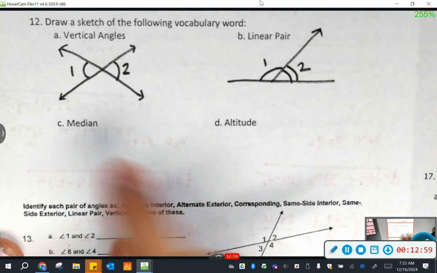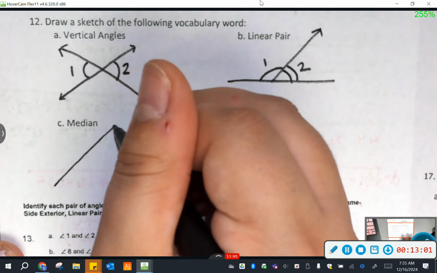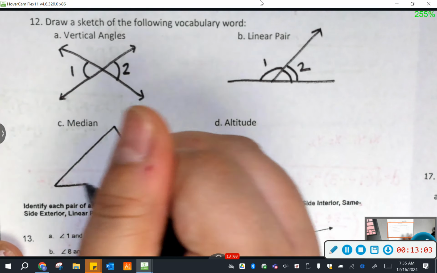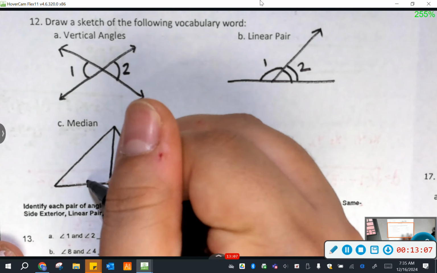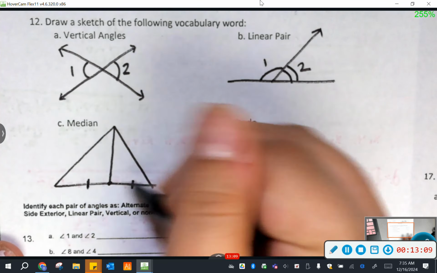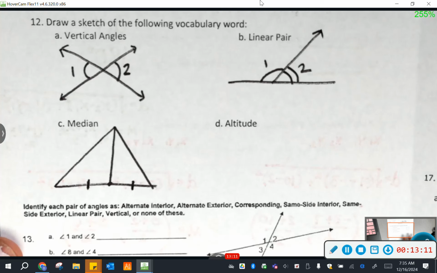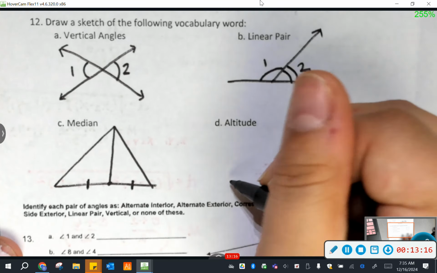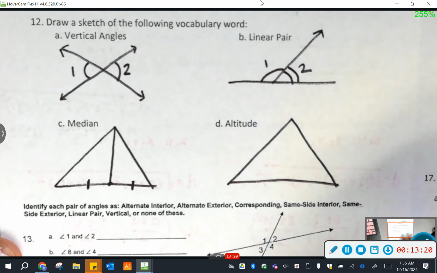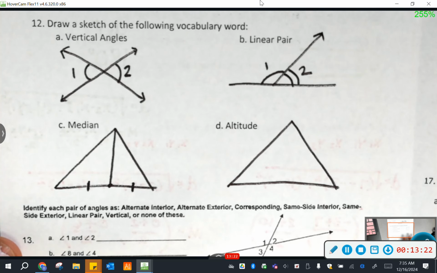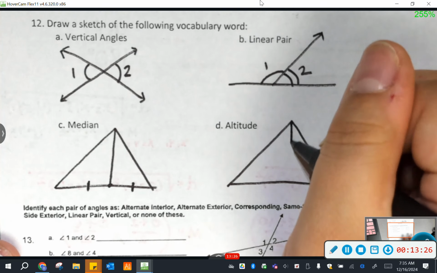A median. A median is a line that goes in the middle of the line, so it creates a midpoint. Remember, a median has tick marks. What does an altitude have? Does anybody remember an altitude? It is the height. So what does it have to have in the picture?